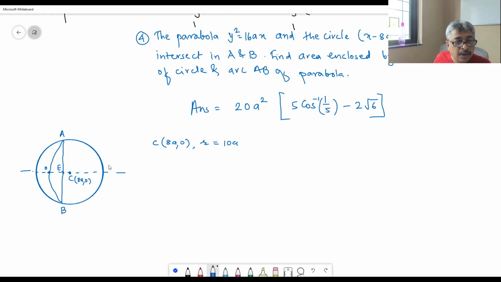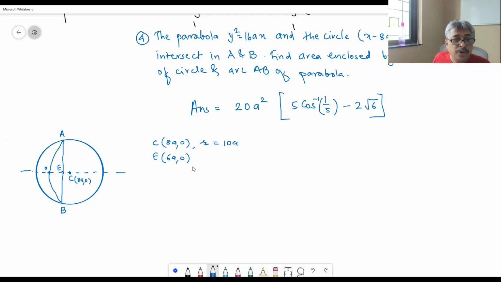E is going to be 6a comma 0, because if you substitute x is equal to 0, 16x, no?